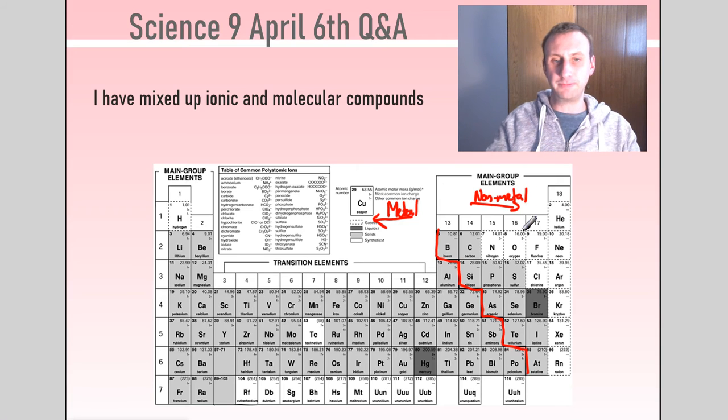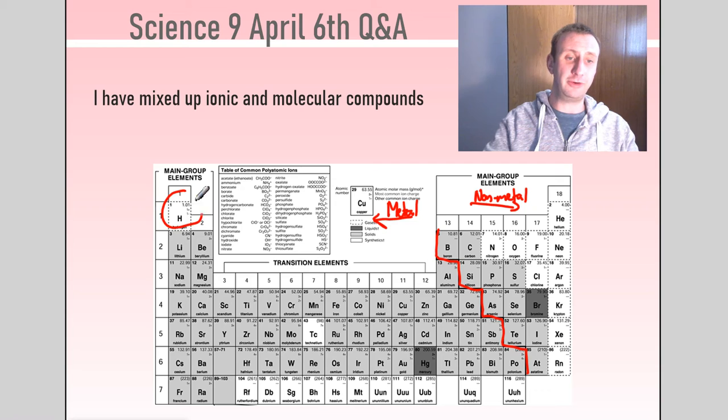So it's really simple. If anything in the compound is a metal, so anything on the left-hand side of the staircase, and it will be the first element every time. If the first element is a metal, it's ionic. If the first element is not a metal, it's molecular. That's it.